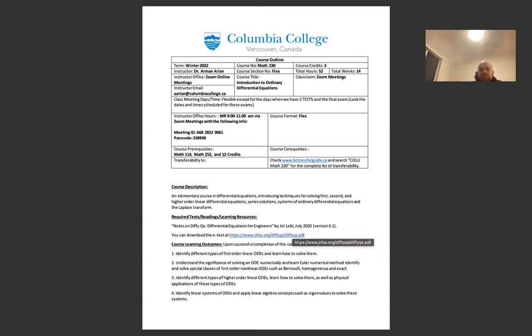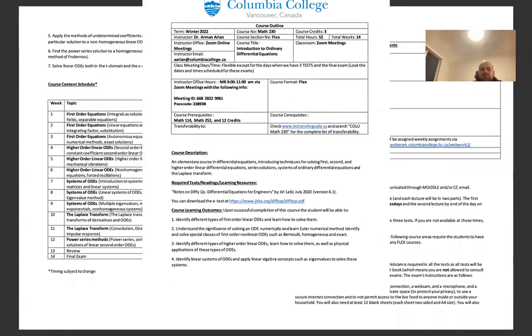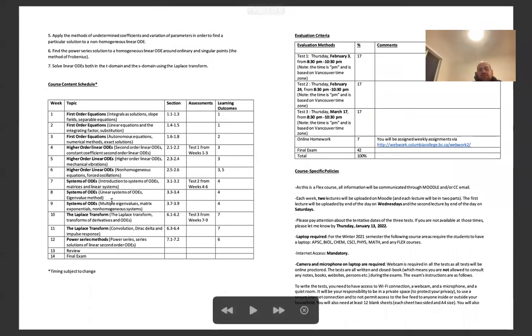I briefly said so far, but let me explain a little bit more. Basically, we can divide the course into a few parts. First, we'll look at first order differential equations. First order means the highest derivative that appears in our equation is the first derivative.